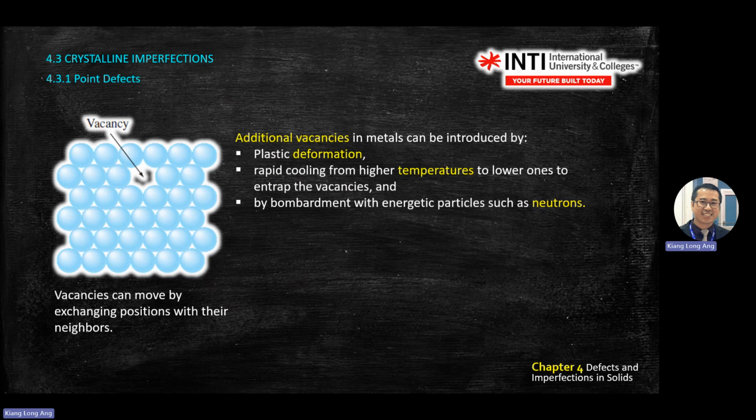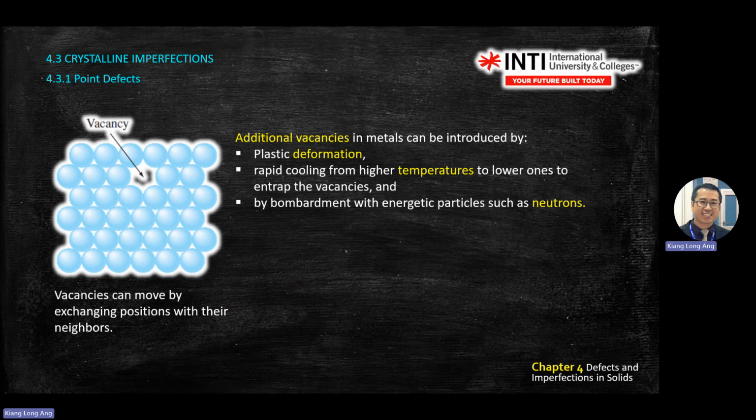What do I mean by elastic? You pull, you let go, and it goes back to the original shape. Even if there's a hole there, it will go back. When you pull, it will have vacancy, but when it stays within the elastic region and you let go, it will go back to the original shape, meaning it will fill back the vacancy.